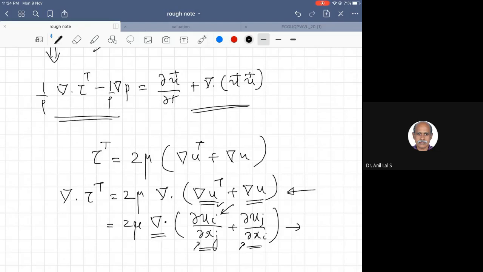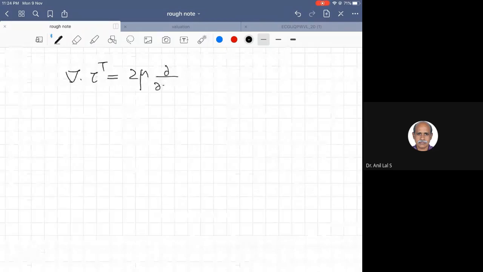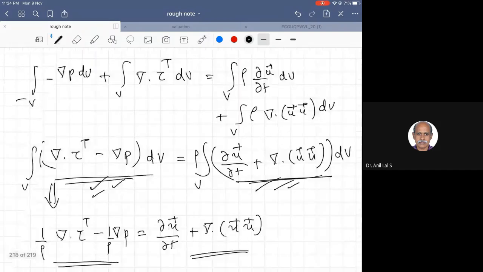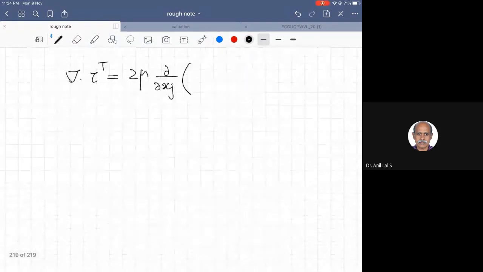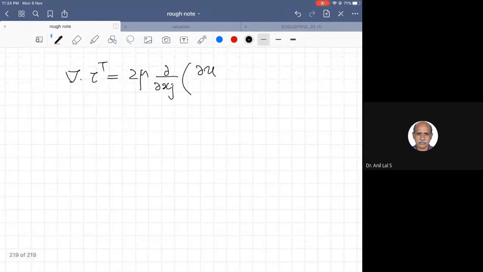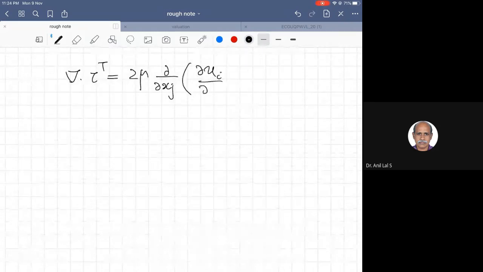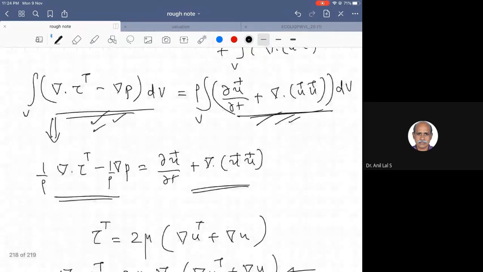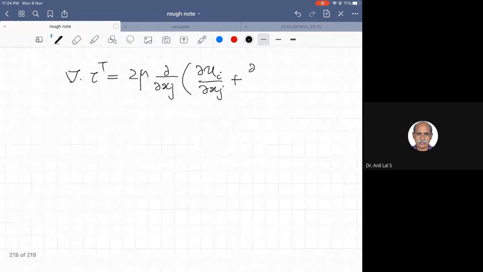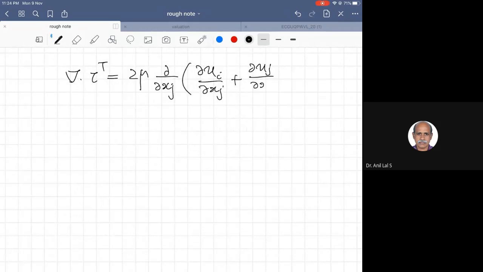So del dot is going to be 2 mu dou by dou xj of dou ui by dou xj plus dou uj by dou xi.